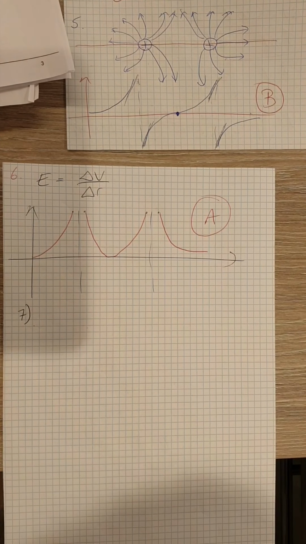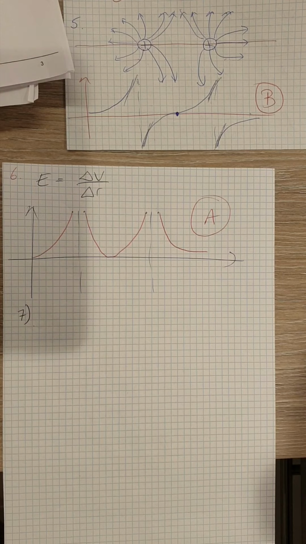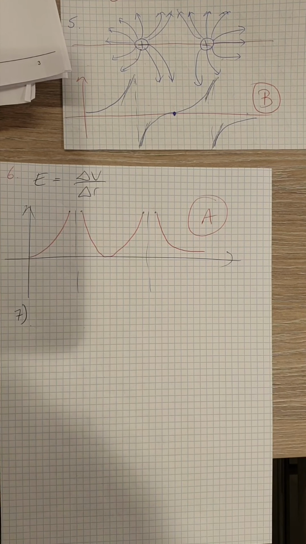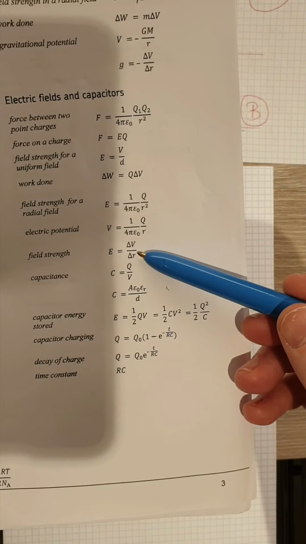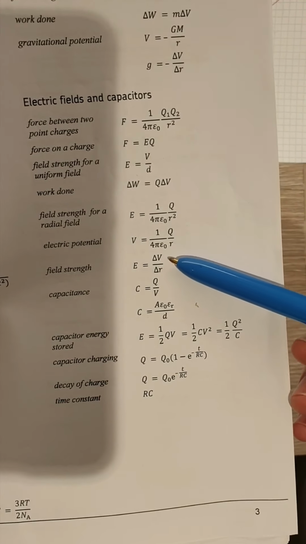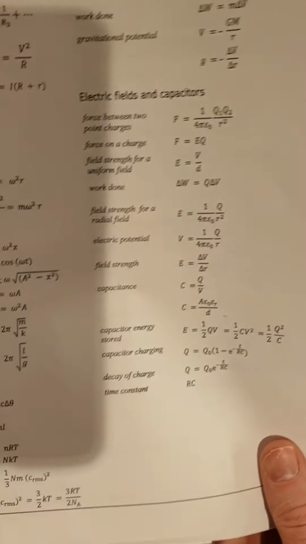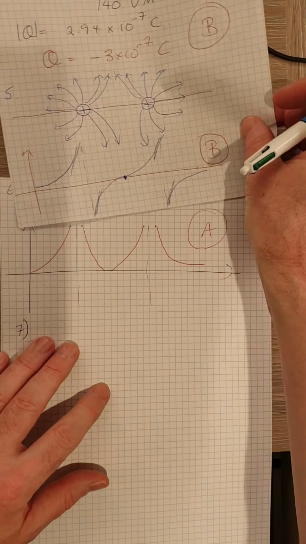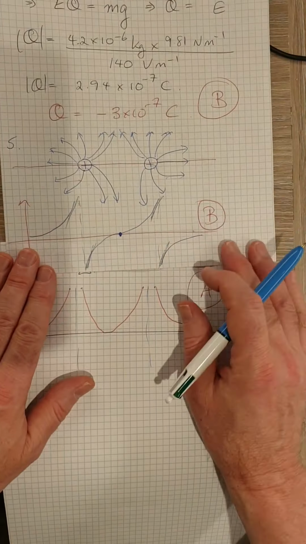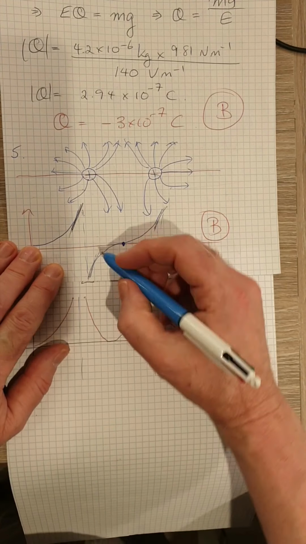For question 6, we're asked to say which graph shows the variation of the electric potential. To do this, I used this information from my data booklet, which told me the electric field strength is equal to the gradient of the graph of the potential. So looking at my electric field strength, I'm looking at the gradient of this line. We can see the gradient of the line here is positive and large.